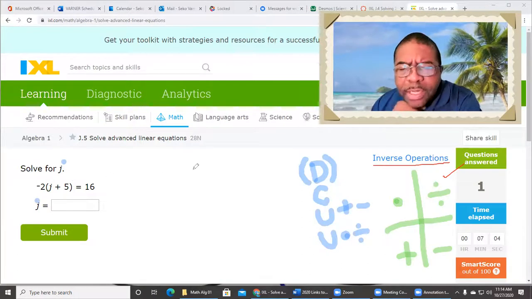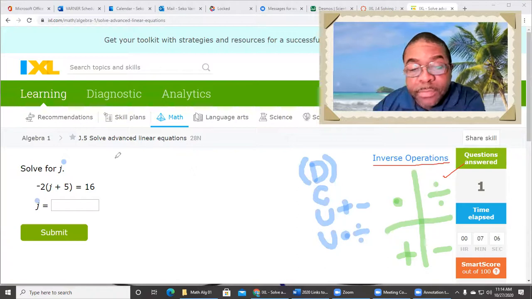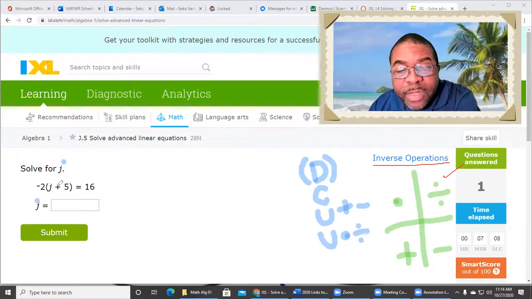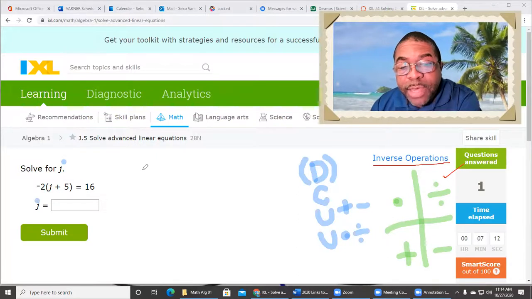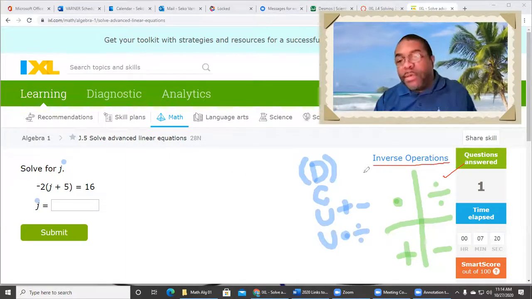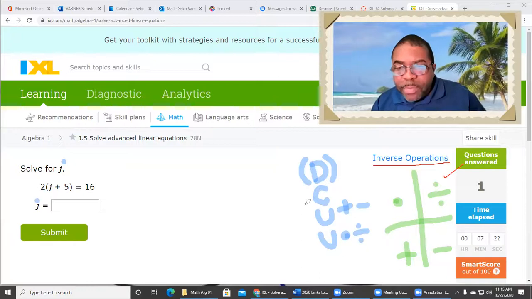That's going to leave us with negative 2j, and negative 2 times 5 is negative 10. So now we have negative 2j minus 10 equals 16. Then we don't have to combine like terms.